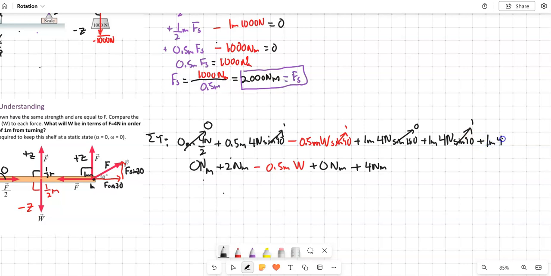It's 4 newtons sine of 30 degrees, okay. And that sine of 30 degrees is 1/2. So that torque is going to be 1 meter times 4 newtons times sine of 30 degrees, which is 1/2, which is going to result in 2 Newton meters.